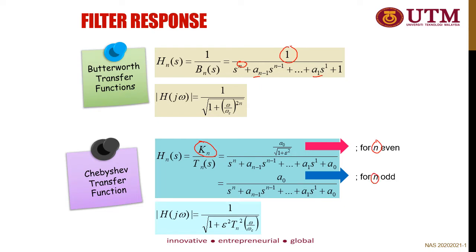If n is an odd number, the numerator will be a0, the coefficients whose values you get from the table. And if n is an even number, Kn is represented by this equation. All equations you can refer to in the filter characteristic appendix or from the table. You don't have to memorize all the equations.